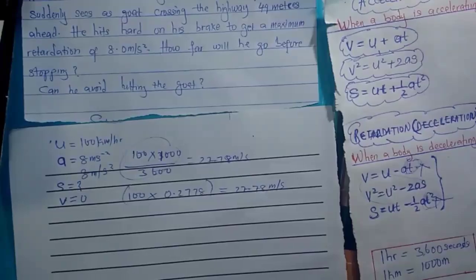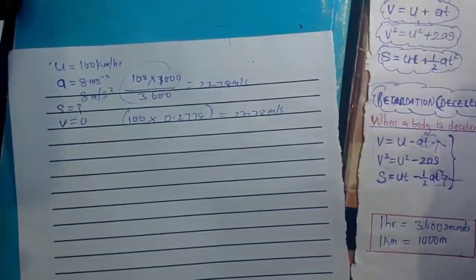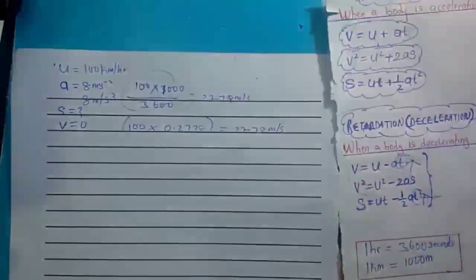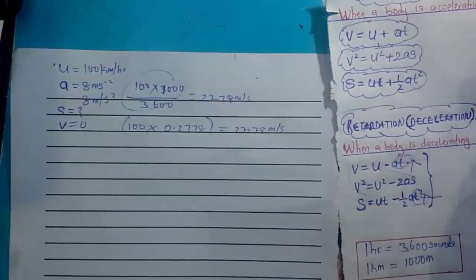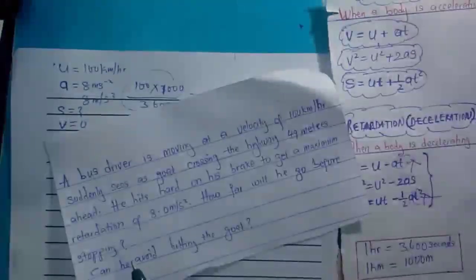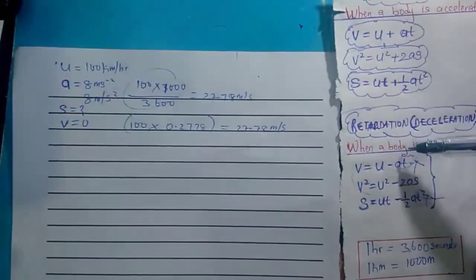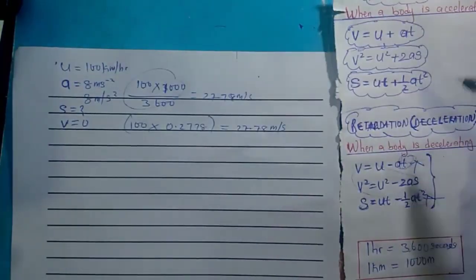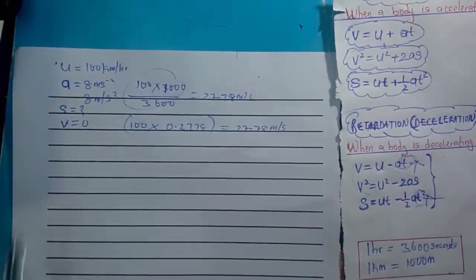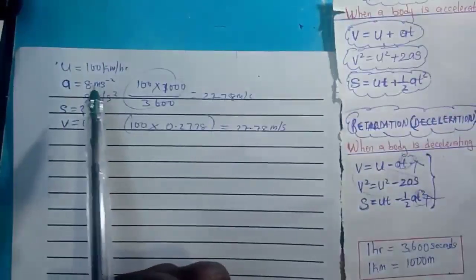What next is to choose the most suitable formula here and apply. You have to take note that we are dealing with retardation. Therefore, we are considering the formulas written below here. Among the three formulas, which one are we going to choose? You have to come back to the parameters given.